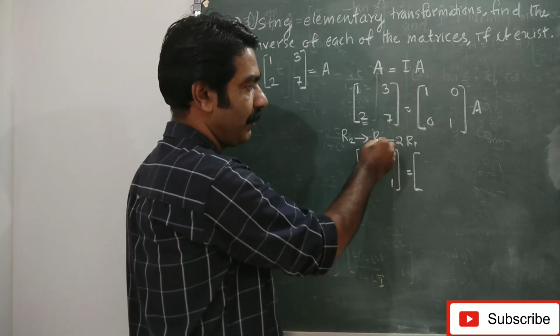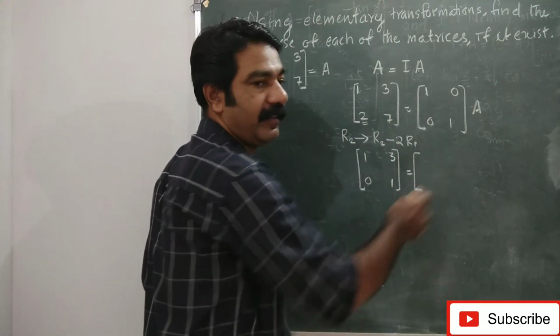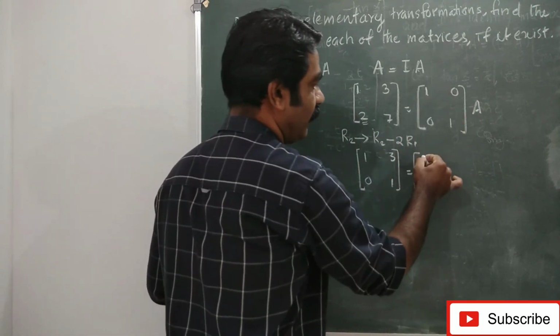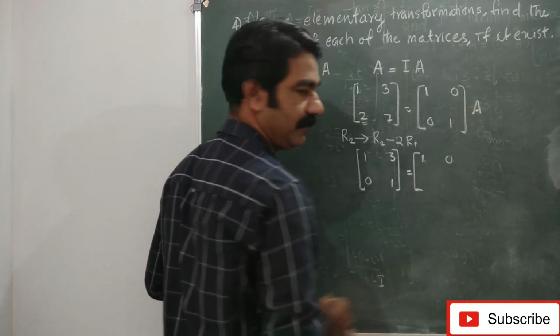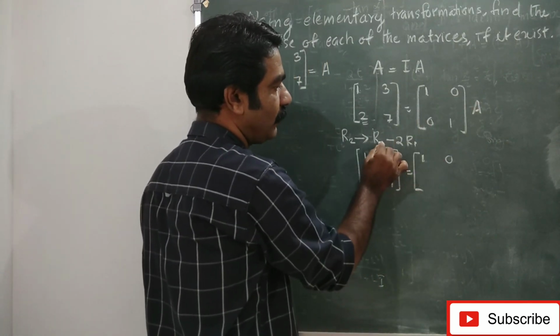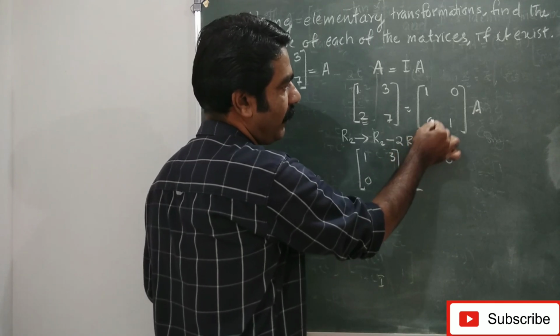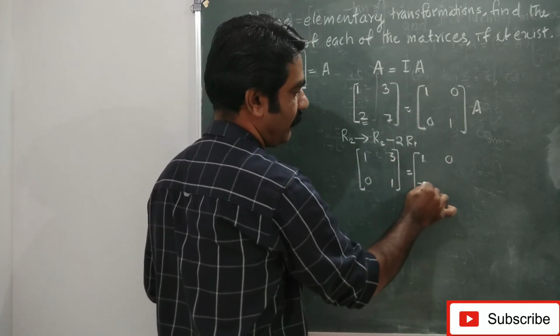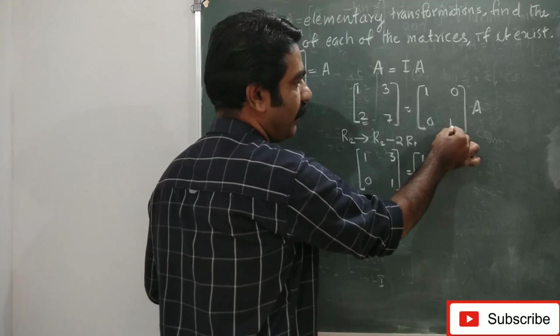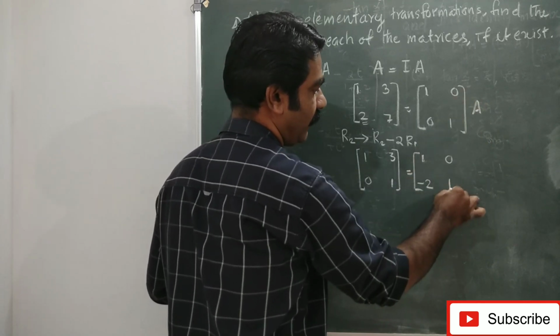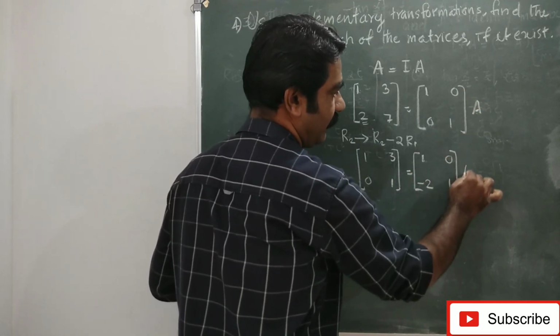When we apply an operation on the left side, we have to apply it on the right side also. Here 1 and 0 will not change. R2 minus 2R1: 0 minus 2 into 1 becomes minus 2, and 1 minus 2 into 0 becomes 1. This A stays A.